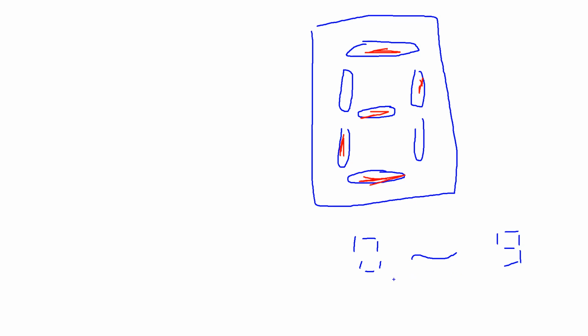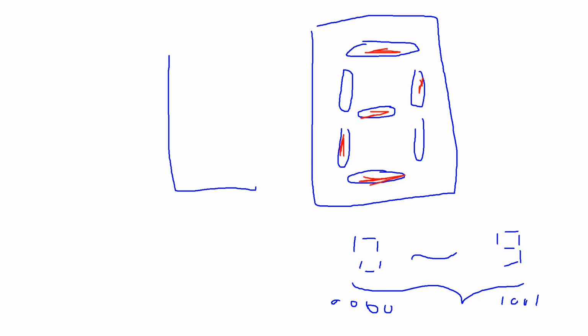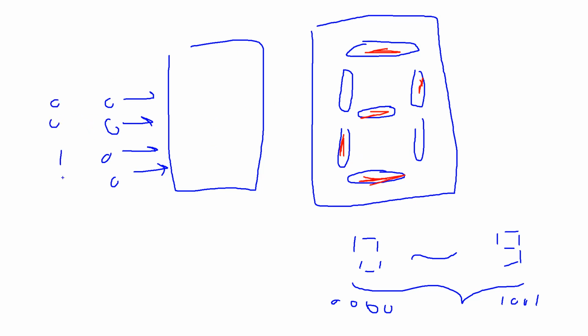then for the binary code, maybe 0, 0, 0, 0 to 1, 0, 0, 1, right? If I want to design the circuit, when I apply 4 bits of binary input 0, 0, 0, 0, it shows 0 here. If I apply 2, which is 0, 0, 1, 0, it shows number 2. Until 1, 0, 0, 1 must show 9, right?